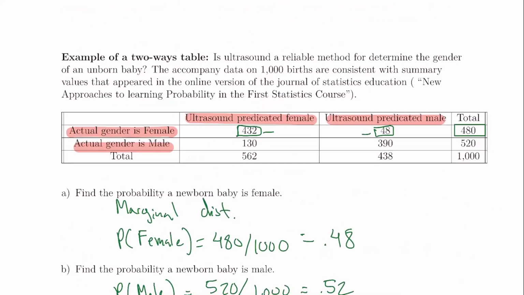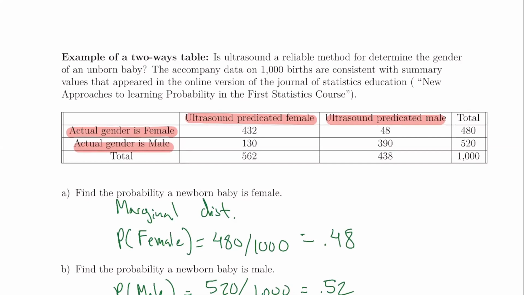So how many total babies were predicted to be female? All right, the battle between 432 and 562.